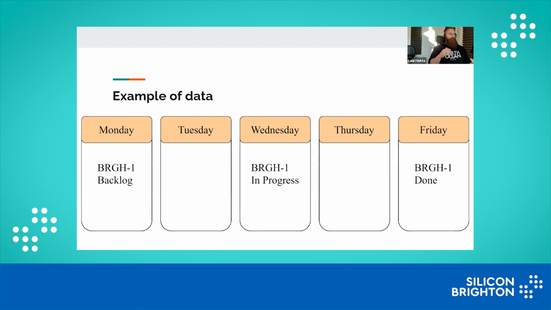Then come Wednesday, someone goes to Jira, takes the ticket from backlog, and puts it into the in progress field, and that creates a new entry in the database and we can collect it. On Thursday, he's still working on it. And on Friday, he's done with it and we will get the third entry of data.